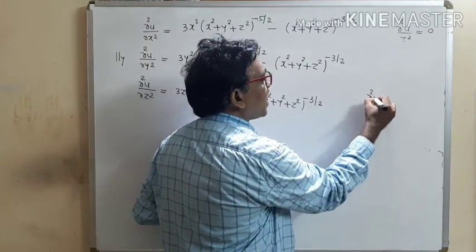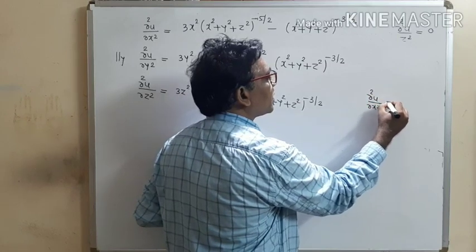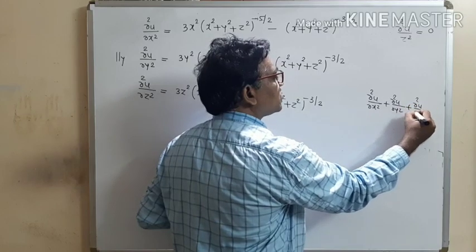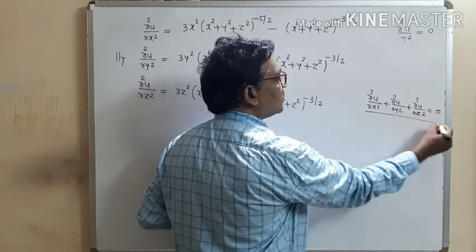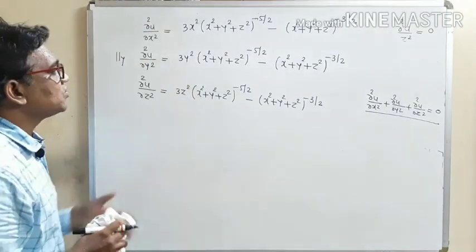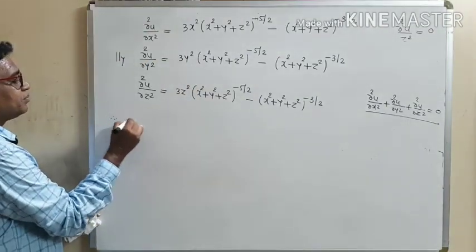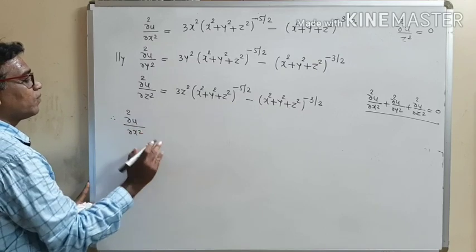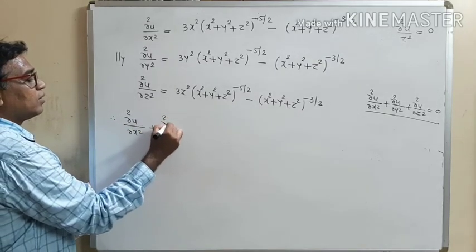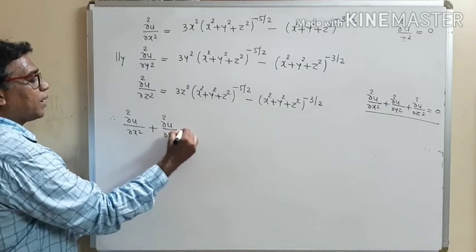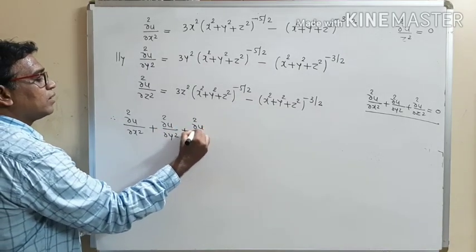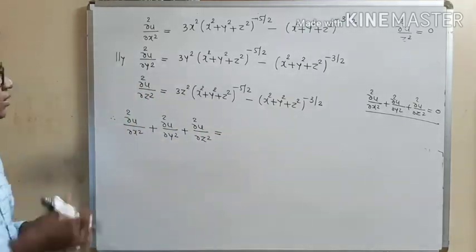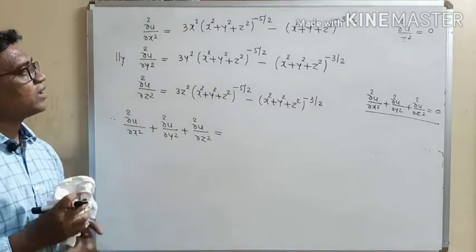Now we want to find the addition. We want to show that ∂²u/∂x² + ∂²u/∂y² + ∂²u/∂z² is equal to 0. So just take the addition, therefore ∂²u/∂x² + ∂²u/∂y² + ∂²u/∂z² is equal to, now just take the addition of these three partial derivatives.